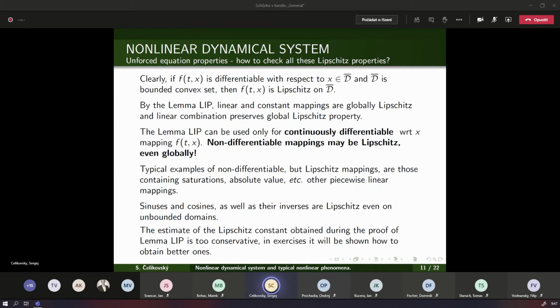And also in Khalil's book, if you look through these exercises, I think after this first chapter, or also in this appendix, you often have the task to prove that this right-hand side is globally Lipschitz, for instance.